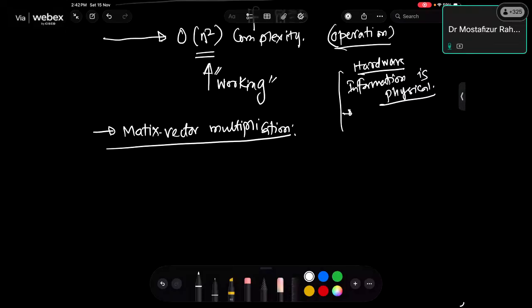So typically, if you do a matrix vector multiplication, suppose your A is in F^(m×n) and your x vector is in F^n, and you want to calculate y equals Ax. This is the most common equation on earth, for all industry.